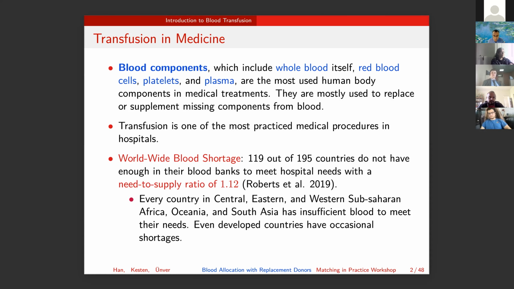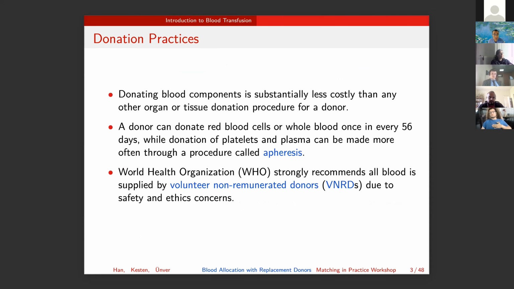Even developed countries have occasional shortages. Donating blood components is substantially less costly for a donor than any other organ or tissue donation procedure. A donor can donate red blood cells or whole blood once every 56 days, while platelets and plasma can be donated more often through a procedure called apheresis.